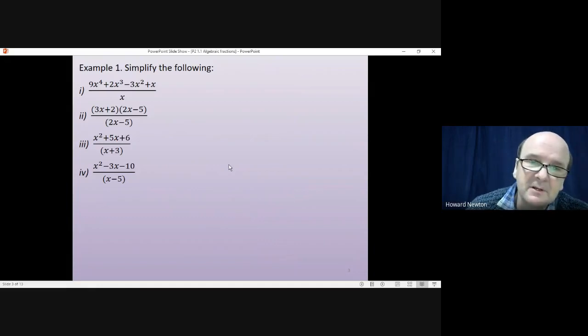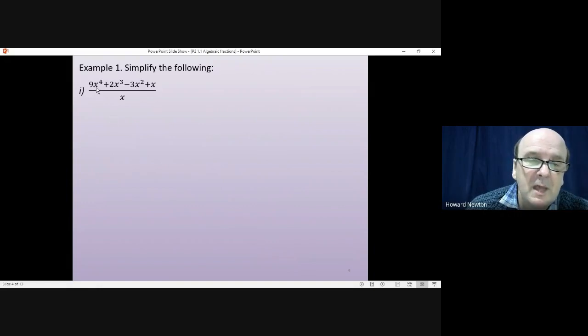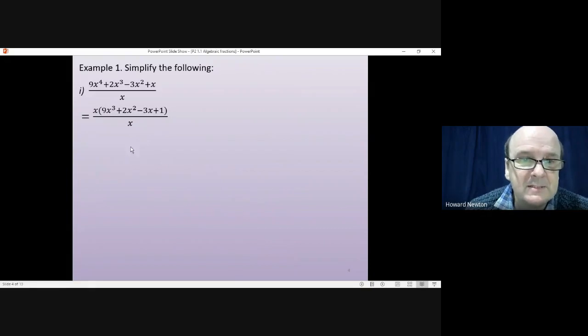Okay, let's have a look at these. A couple of ways of doing this first question. What I'll do is I'll factorize the top. So every term on the top has an x in it, so I can take x outside the brackets, and that's what I get inside the brackets. And then I've got x on the top of the fraction, I've got x on the bottom of the fraction.